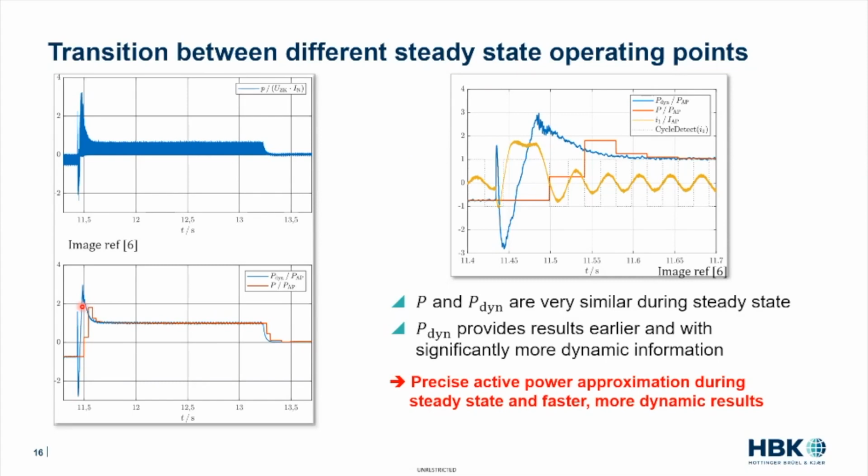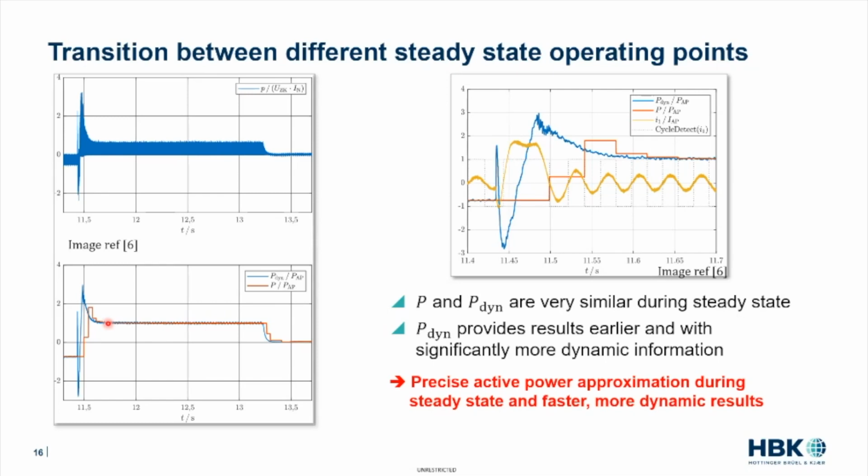Up here is the instantaneous power. The blue one down here is the calculated power using the switching frequency, and the red one is the power calculated with the fundamental frequency.